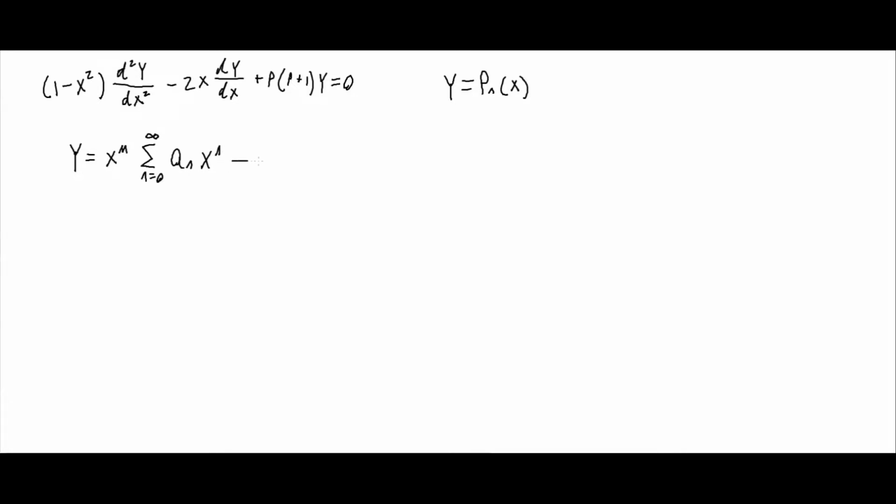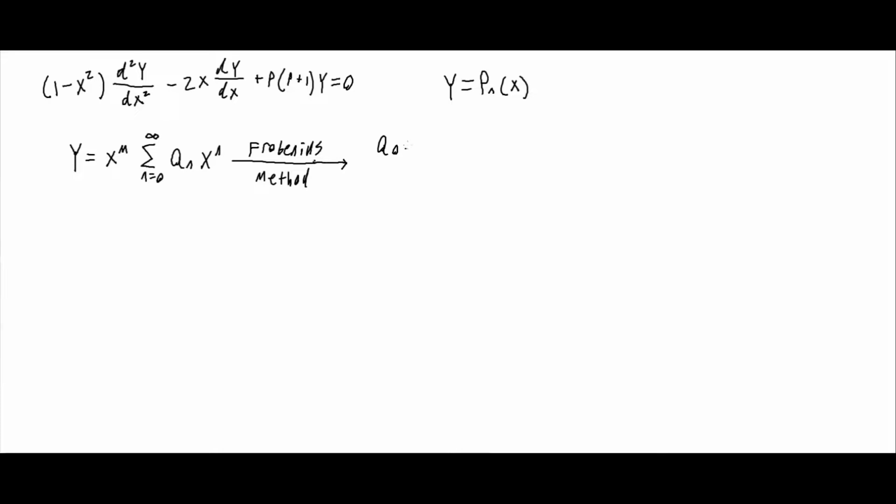We would use that Frobenius method, which I'm not going to go through here. If you are interested in how that works, you can check out my previous video on the Frobenius method. And then we would end up with indicial equations that look like this.